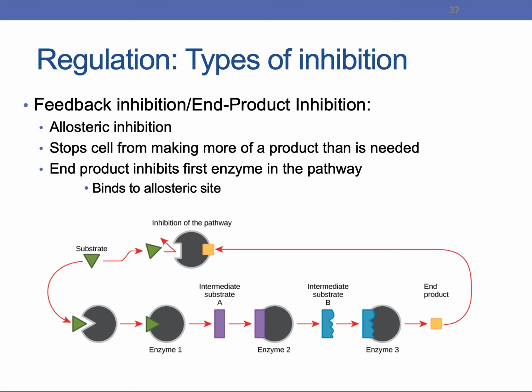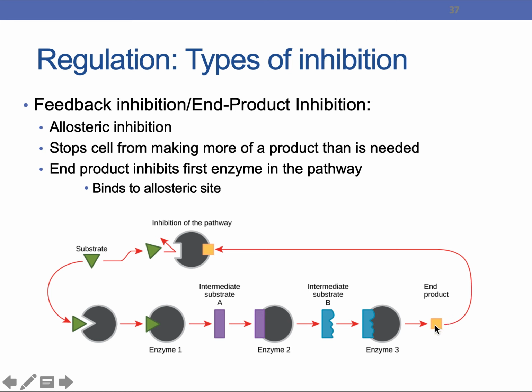However, in this instance, it is the final product that is produced that becomes the inhibitor. It then binds the allosteric site and prevents more of its kind from being produced. So this is how it goes. You have an enzyme, you have a substrate that attaches to the active site, you have several intermediates that are produced, but then you have the end products produced here.